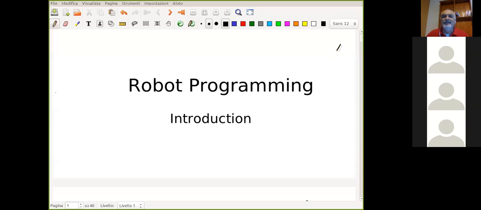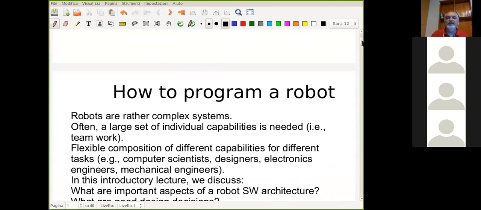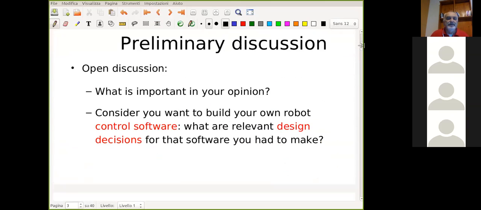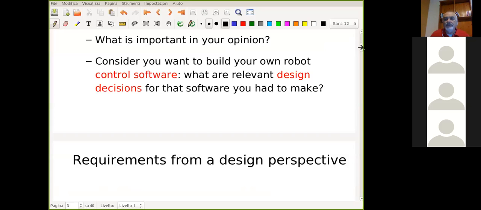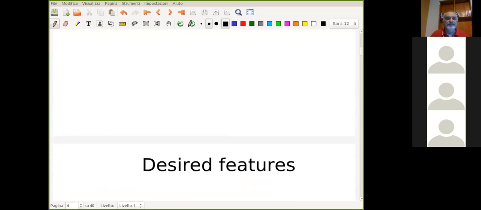So we go back to the origin, to when we started. Robot programming introduction, you see the document, I think. Yes, I think so. This was just an introduction and discussion of the theoretical and more general terms.